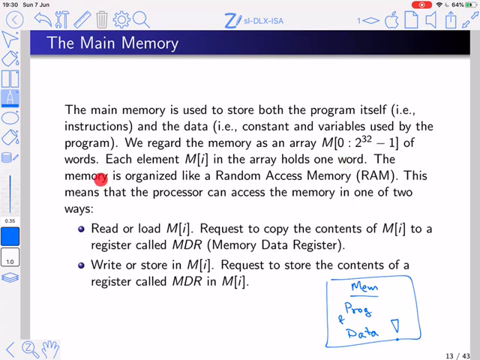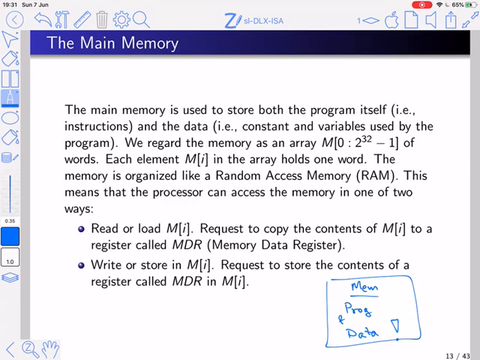The main memory is nothing but a RAM that we saw in our chapter on synchronous circuits. This means that the processor can access the memory in one of two ways. It can either store a value, a word, in the array, or it can read the value that is already stored in the array.